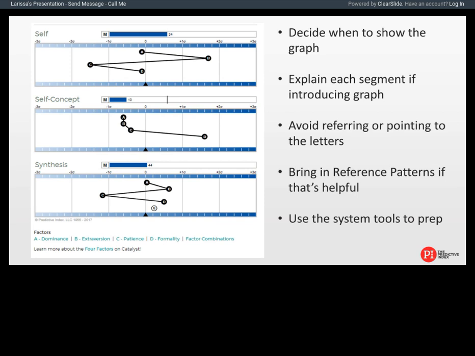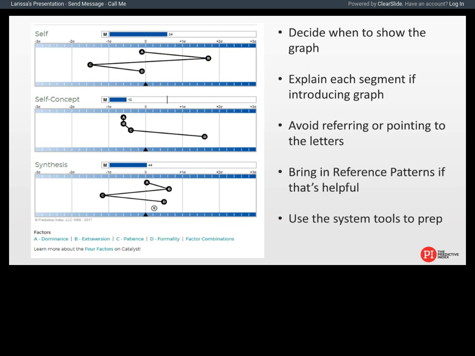One thing that I cannot stress enough is avoid referring or pointing to the letters. A, B, C, and D don't mean anything to these guys. Quite frankly, I don't even use dominance, extroversion, patience, and formality in my first touch readback.